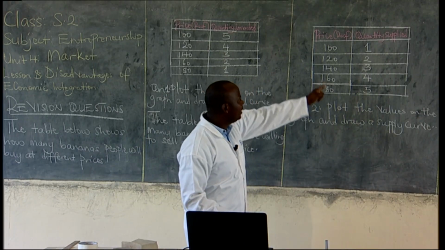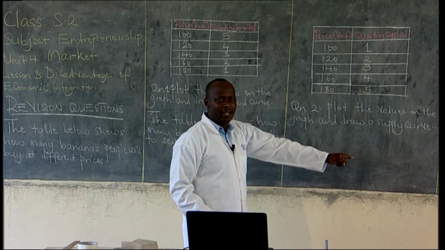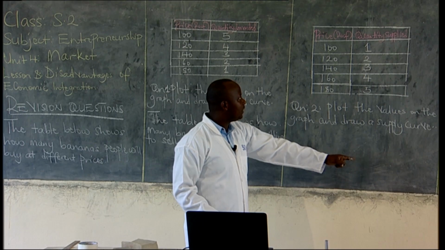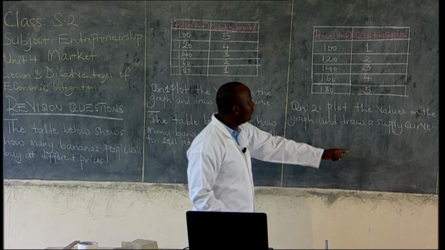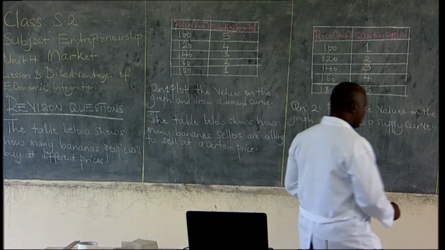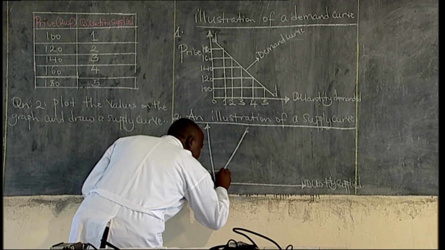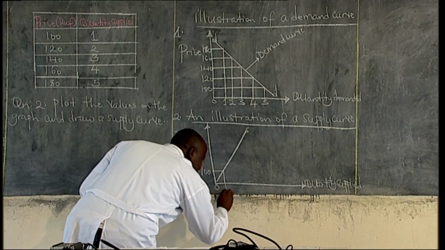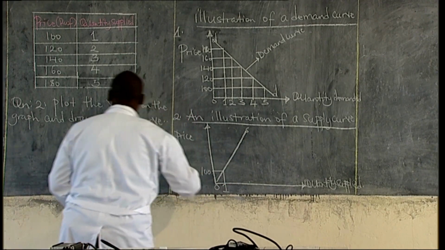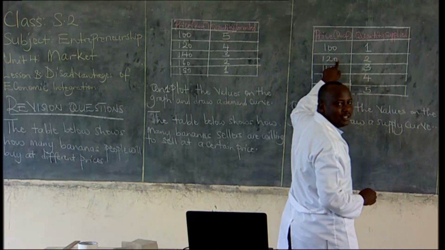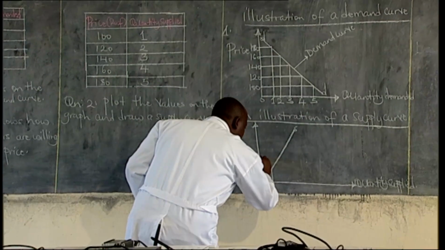Now we are going to plot these values on the graph, on the supply curve. At a price of 100, the quantity supplied is 1. At a price of 120, the quantity supplied is 2.